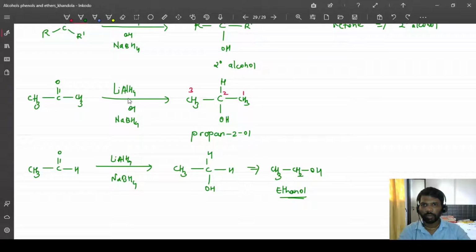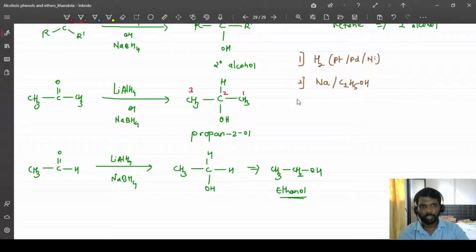The reagents to be remembered: first is hydrogen in the presence of platinum, palladium or nickel. Second is sodium in the presence of alcohol, C2H5OH.